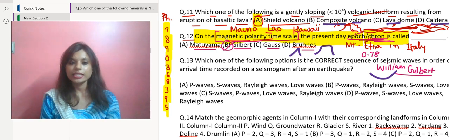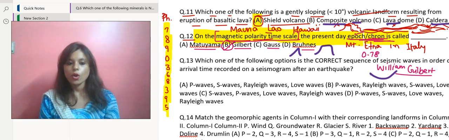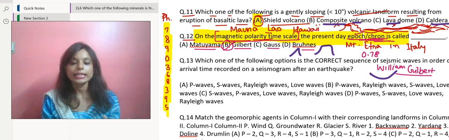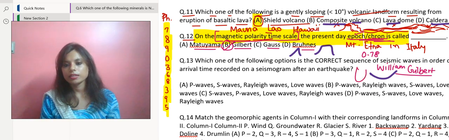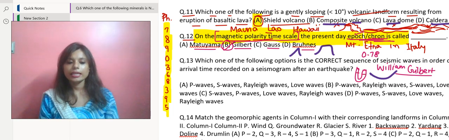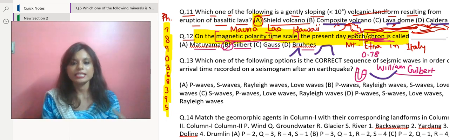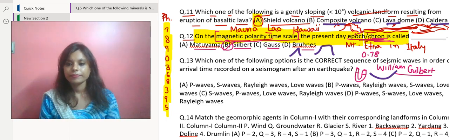Gilbert was a 16th century English scientist who first proposed this idea that the Earth behaves like a giant magnet. You have all seen a magnet, not only this kind of magnet, but any kind of magnet. Our Earth is a huge magnet and it acts like a magnet. Okay. All right. So our answer was Gilbert chron. Let's move over to question number 13.